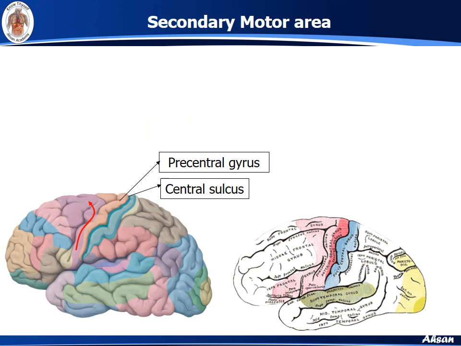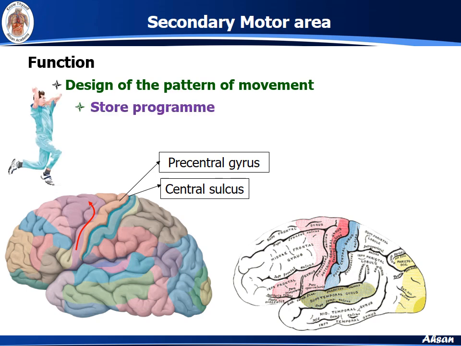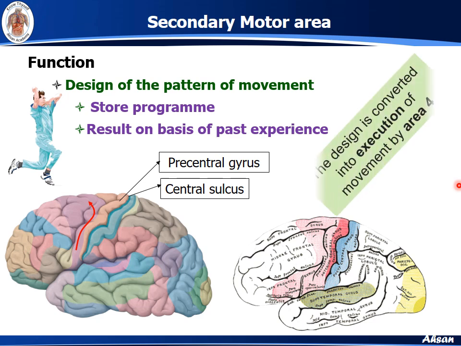The function of the secondary motor area is to design the pattern of movement. This area stores experience in the form of memory, and on the basis of past experiences and memory, these movements are designed, and this is finally executed as the movement caused by area 4.